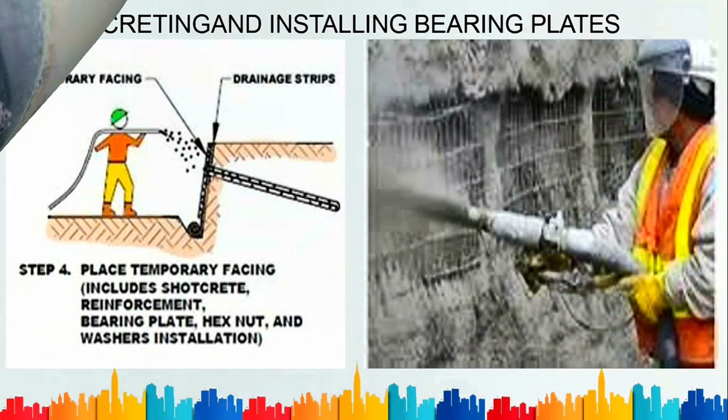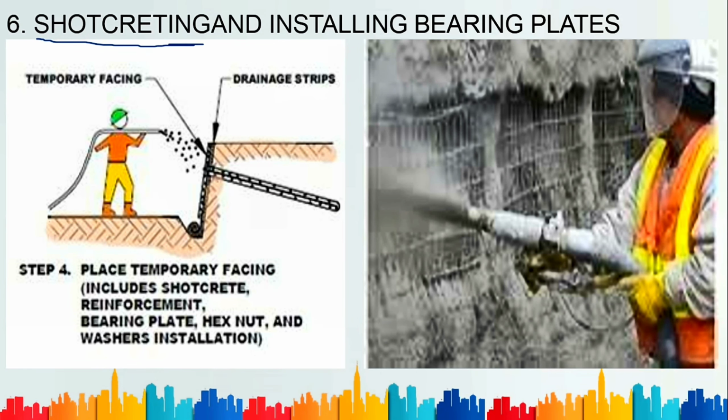Then the next step is to provide the shotcrete. It is another part of that construction work in terms of special work, but we do not consider it right now. Shotcrete is a pumpable cement paste, in simple language. During the shotcrete work, the bearing plate is installed. This is your reinforcement and this is your shotcrete work.